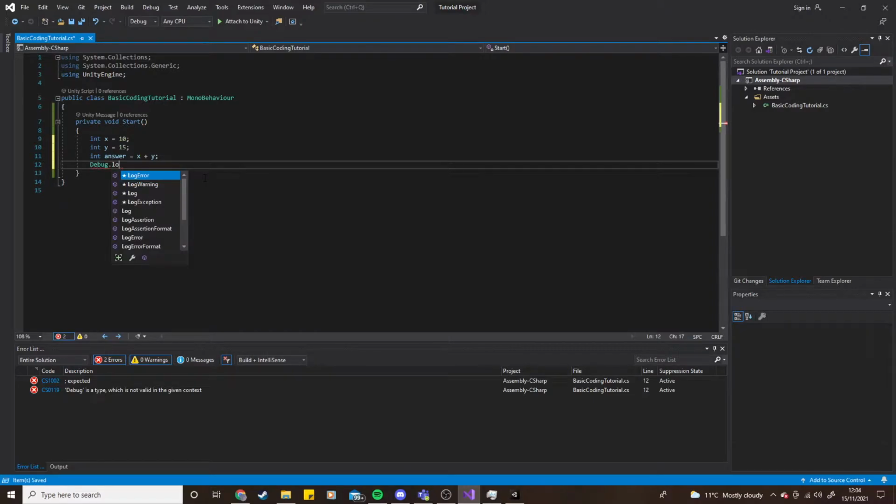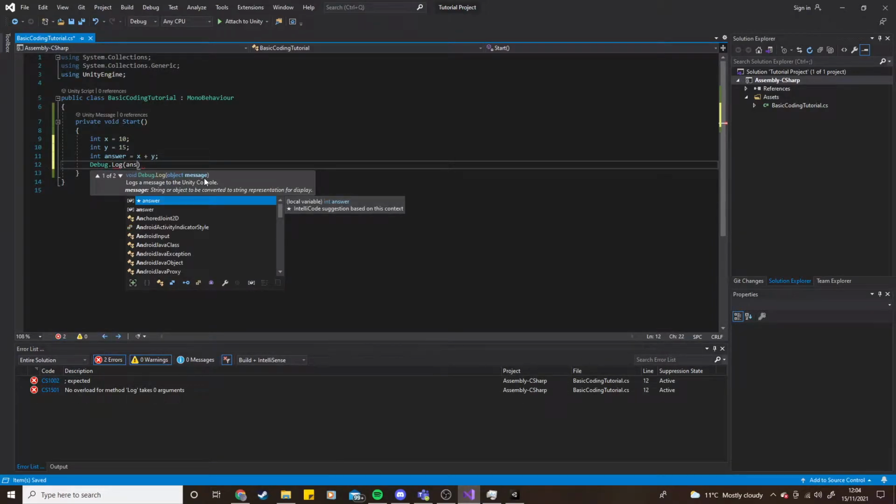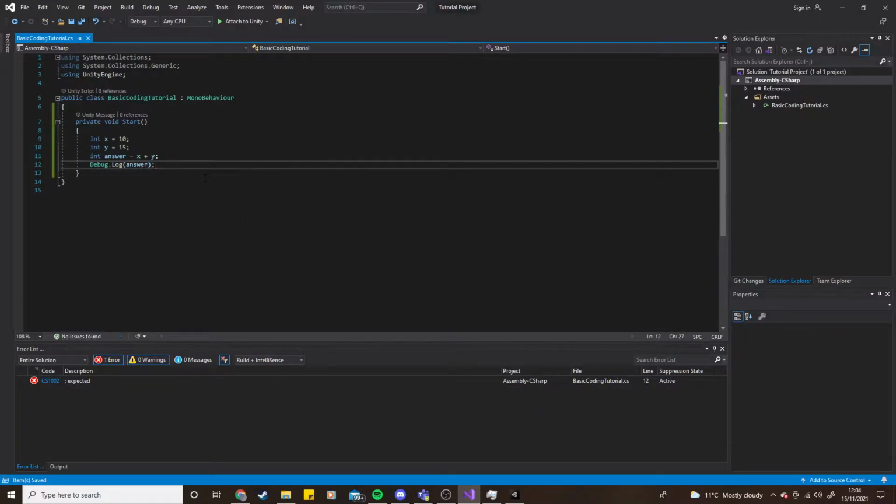Debug.log, oh not error, debug.log answer. Okay, so this is how you add numbers together with a plus.